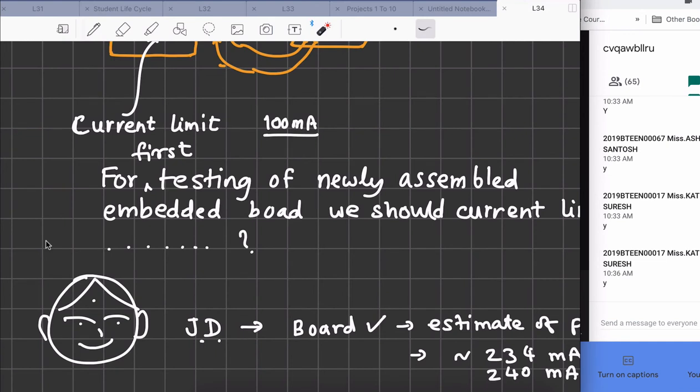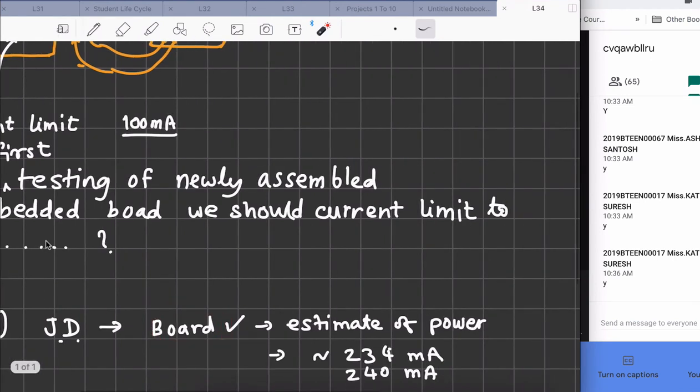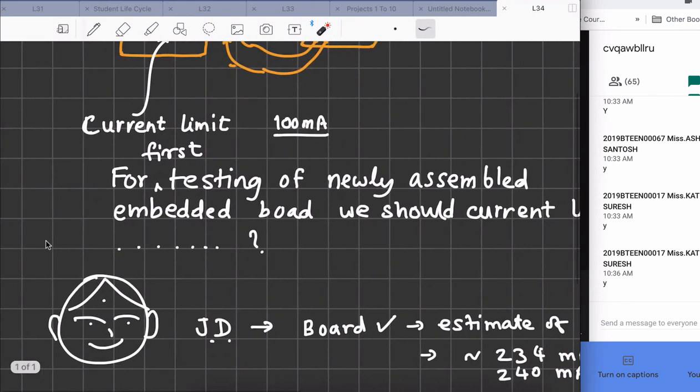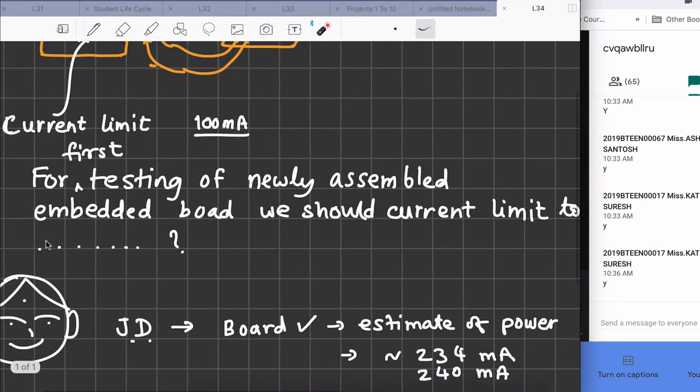Hello. Priyanka is in John Deere. She designed a board and the estimate of power drawn, meaning the estimate of current drawn by that board, is 240 milliampere. So for testing this, what is the current limit value she should set?